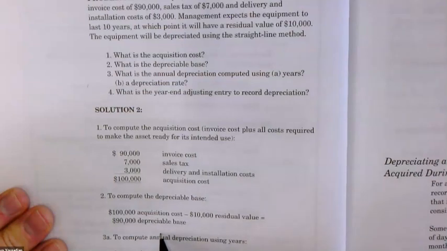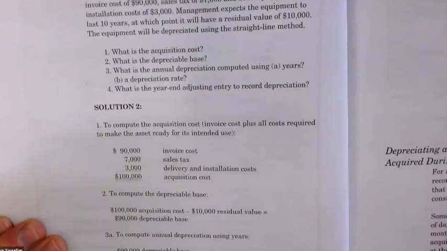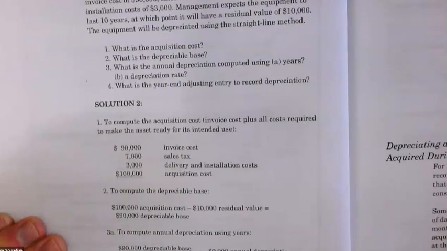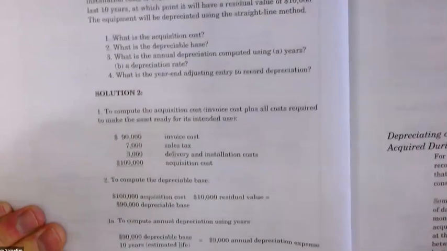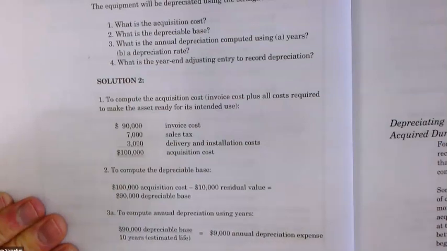So the depreciable base will be $90,000, and you're going to use the depreciable base for your calculation. Depreciable base of 90,000 divided by 10 years estimated life gives you $9,000 annual depreciation.